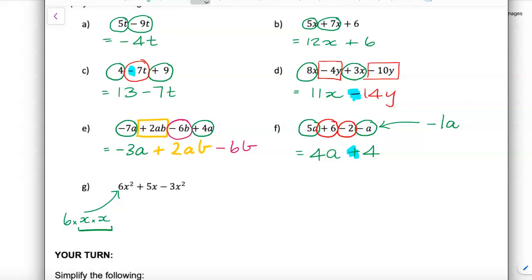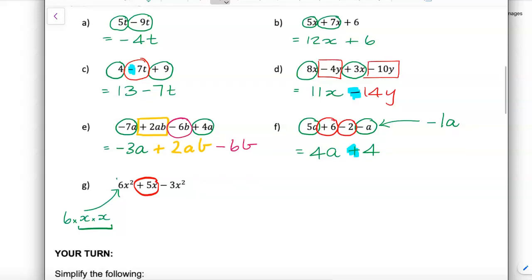Our middle term is just 5 lots of 1x, so I can't put the 6x squared and the 5x term together, but I can put together the 6x squared take 3x squared. They have exactly the same variable involved. That will leave me with 6x squared take 3x squared is 3x squared, and I cannot put the plus 5x with it, so I'll leave it as a term on its own.